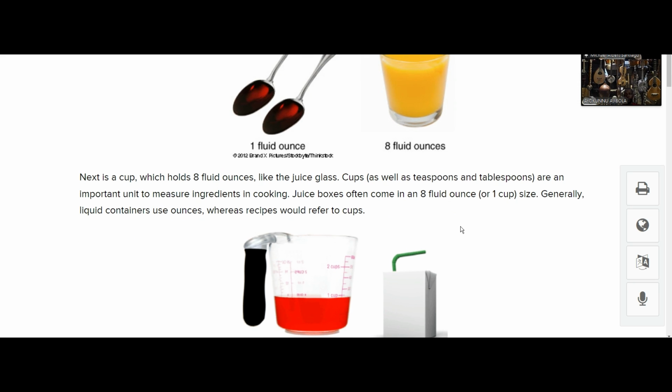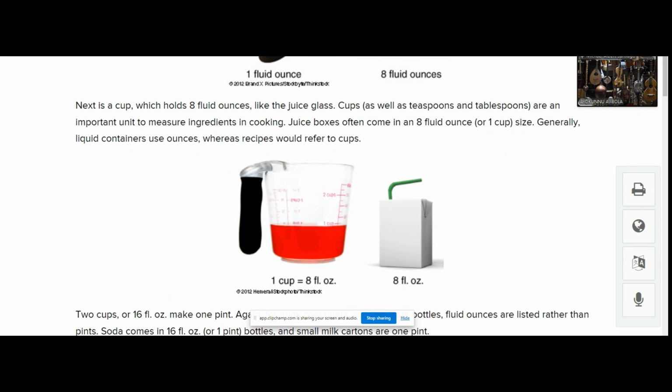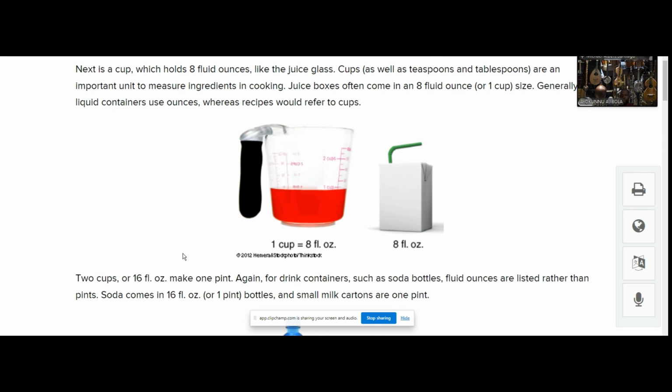So generally, liquid containers use ounces, whereas recipes would prefer cups. To continue with this, we have 2 cups or 16 fluid ounces make 1 pint.